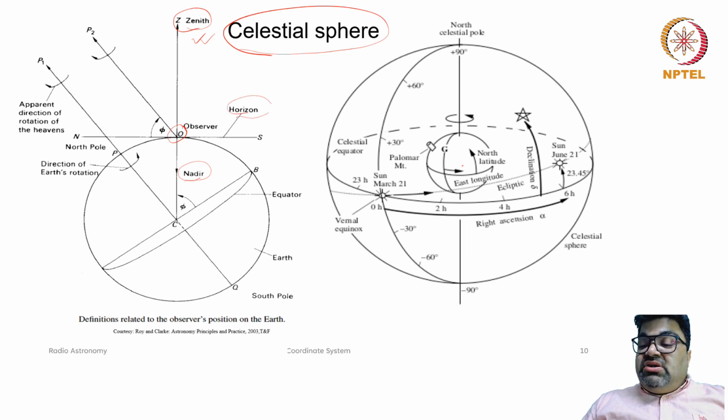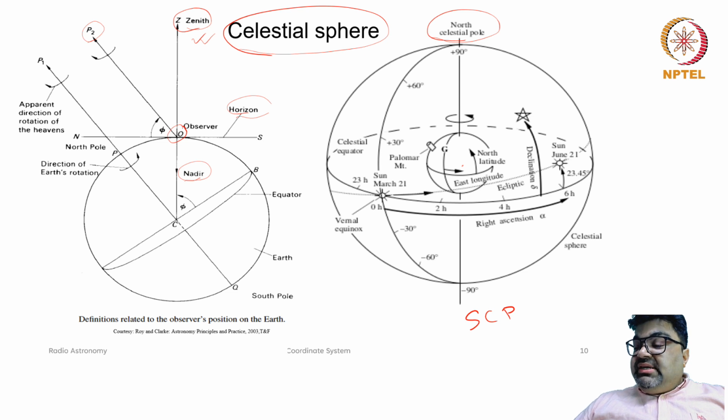And so you can point towards different sources as a function of the elevation angle or azimuth angle from the location of the observer. For definition, there is something called the north celestial pole, which is the northern pole of the celestial sphere, and the south celestial pole in the same respect.